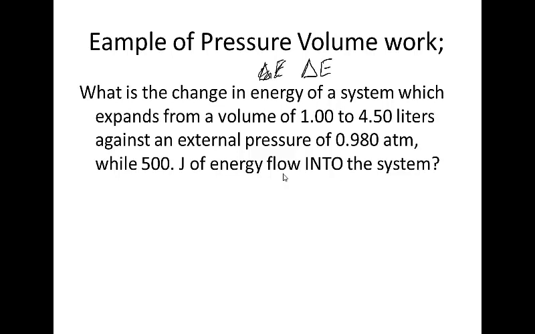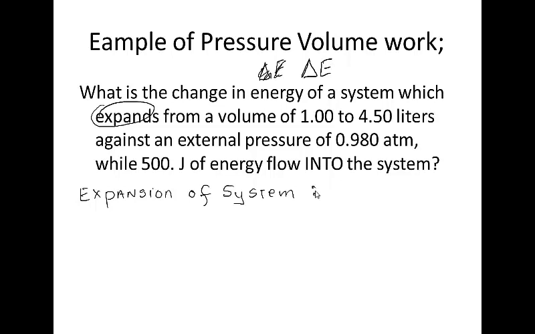All right, so a couple of things I'm going to write down. Thing number 1, expansion of the system. Expansion of the system means the system is pushing against the surroundings.